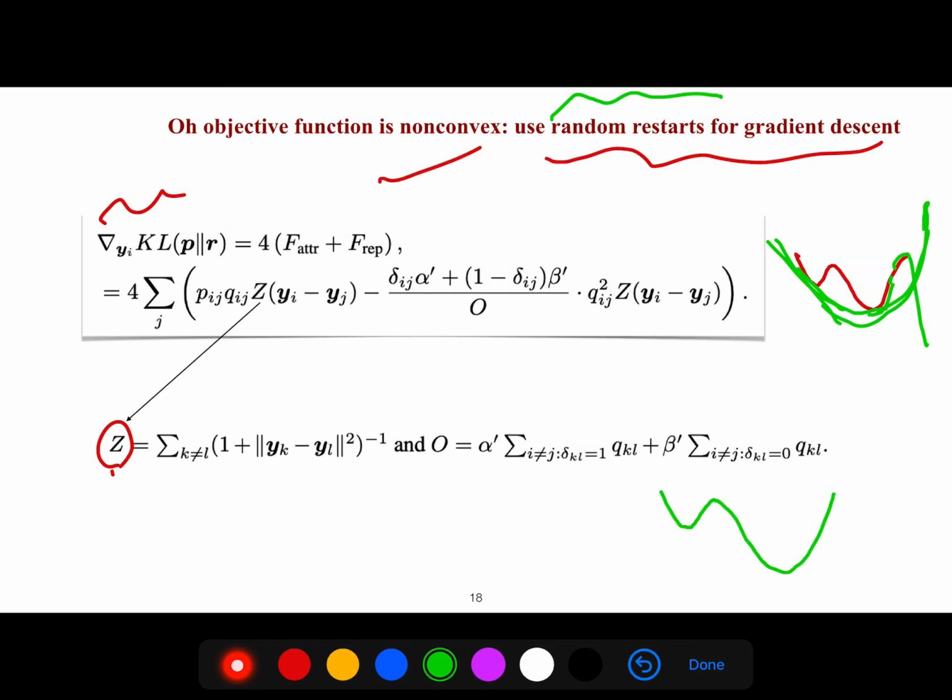Why do we use random starts? Because if you start from here at a random point, you converge to this point, which is the global minimum. But if you start from, let's say, this point, you may converge to this point, which is not global. So it's a semi-local minimum.